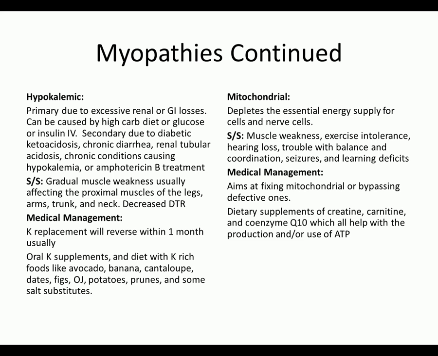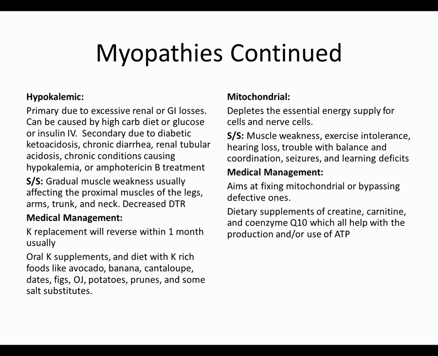It affects the proximal muscles of the legs, arms, trunk, and the neck. Medical management, of course, is potassium replacement. Within a month it is usually back to normal, and then these patients should be on a potassium supplement and a diet that is rich in potassium. I've given you some foods here on your slide that are high in potassium.